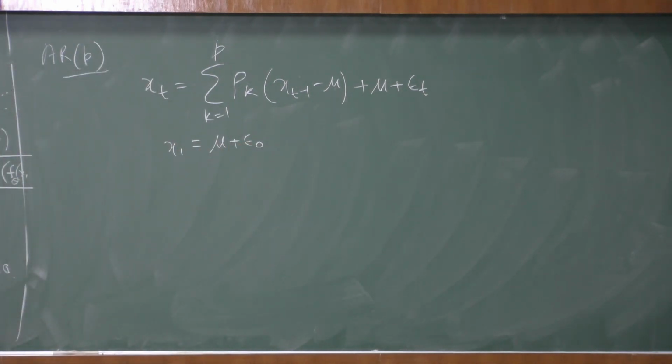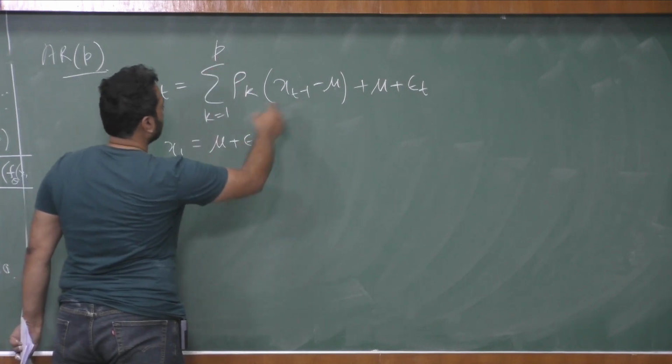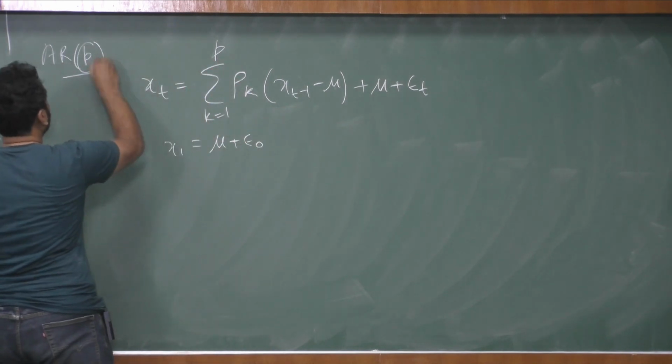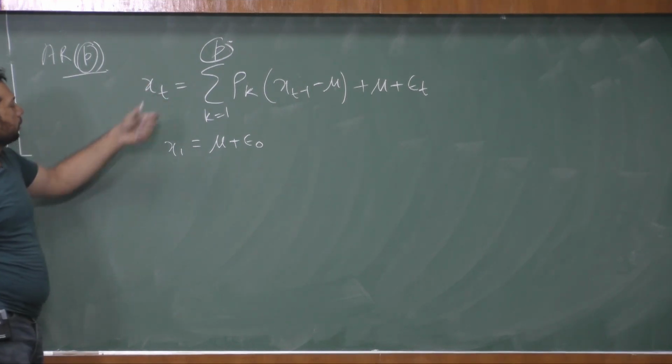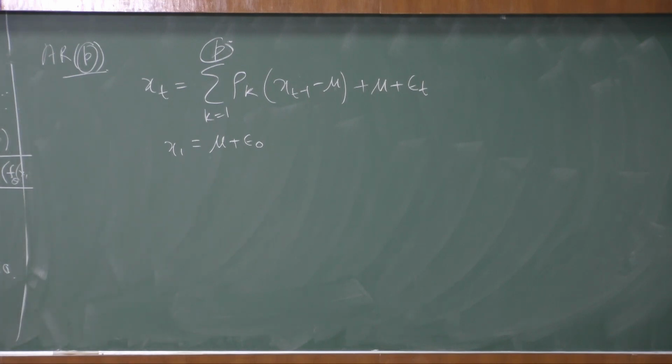As you can see, the change is that we now have a sum for k equal 1 to p, small p, and that's why it's called ARp. Now I'm looking at the p previous values in the sequence, and based on that I estimate the parameter for xt. All these modeling assumptions are interesting.